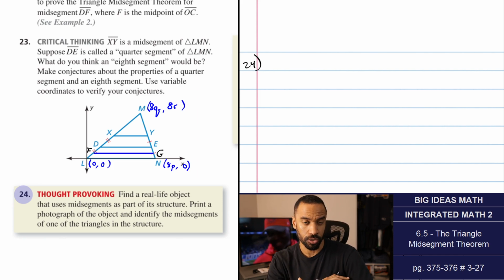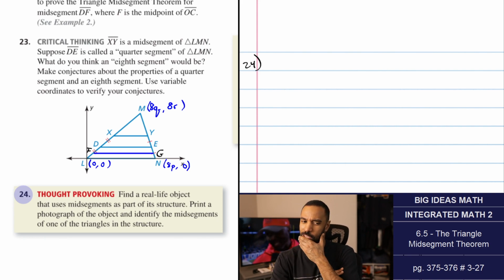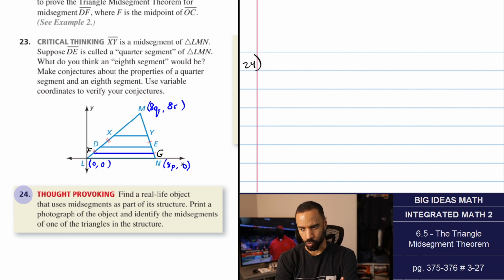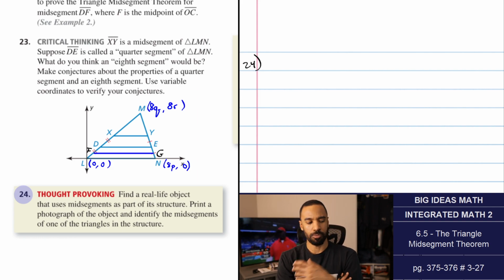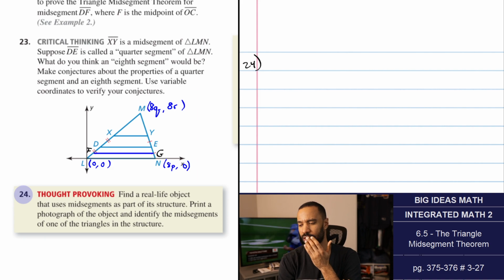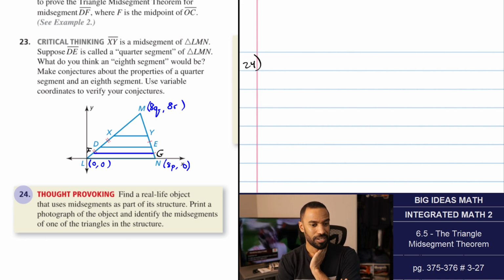I could if I go to Google and find something, so I'll think of something. It sounds like they say triangles as well, so it doesn't need to be an object that you pick up, right? It could be something like a bridge or something like that. I gotta think of something in life that even has triangles.